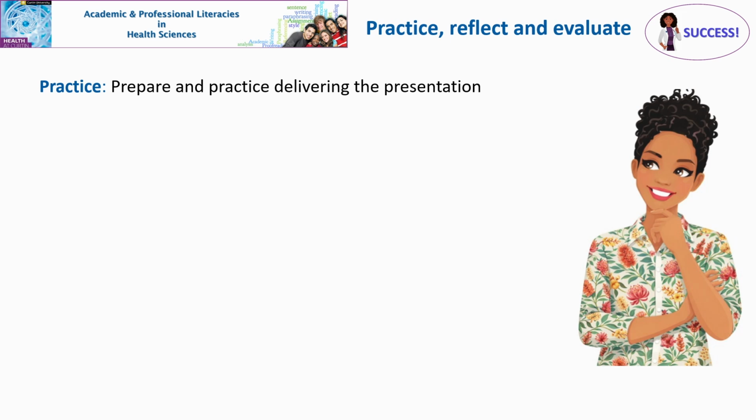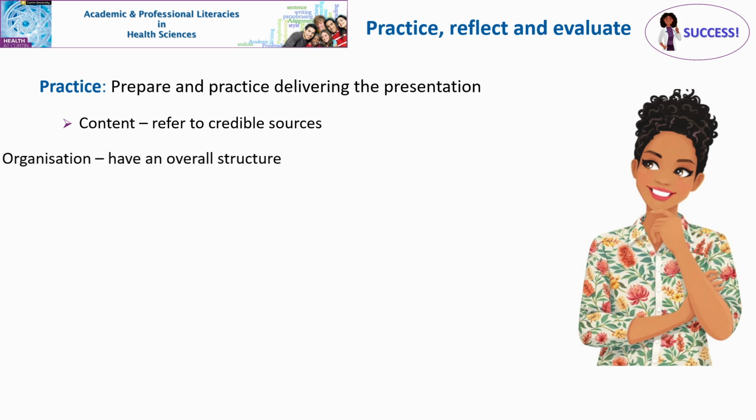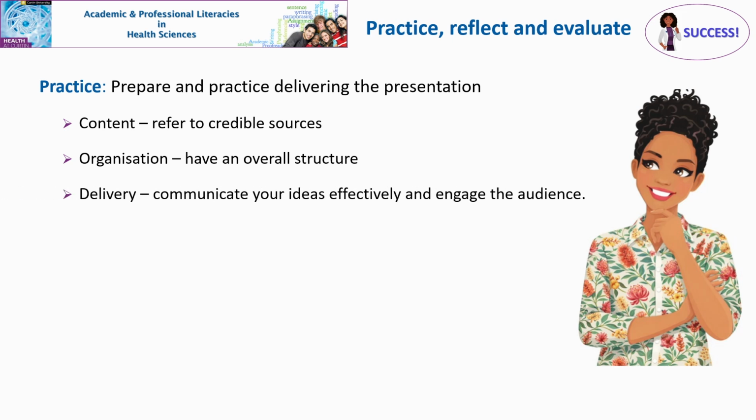And at that point, you're ready to present. Make sure the content that you provide refers to credible sources. Make sure you have that clear organization and overall structure. And it's your job to deliver by communicating your ideas effectively and by engaging the audience.